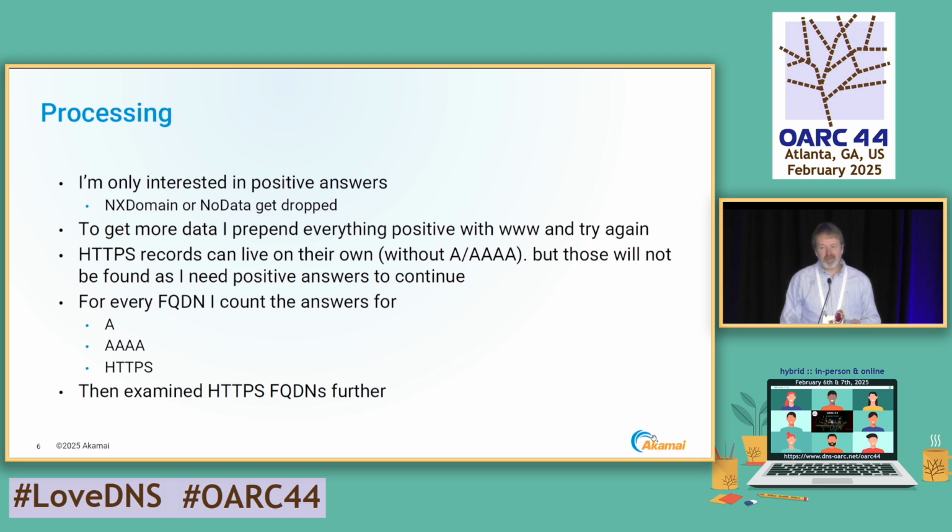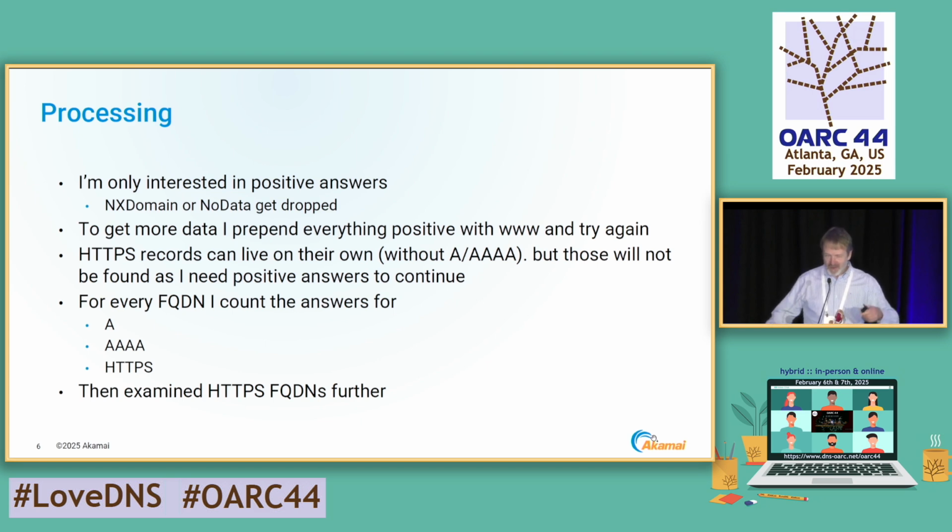Because I'm only interested in positive answers, mostly positive answers that lead to something the SVCB record does, which means a website or something. So usually I want to have an A or a quad A answer, and I'm really not interested in NXDOMAIN or no data. But I want to get more data, because more data is always better than less data.